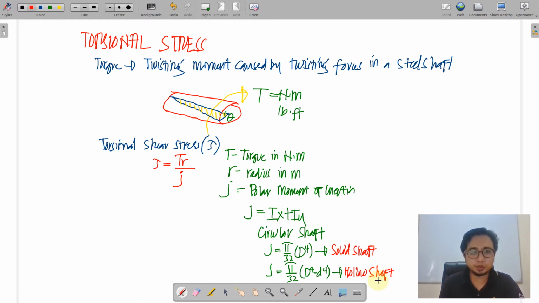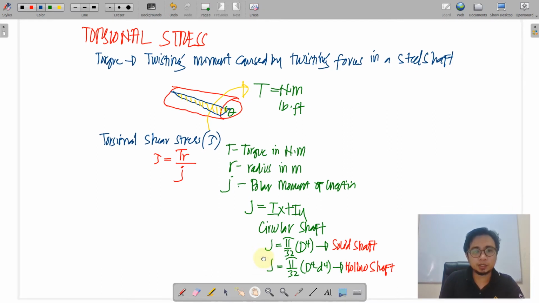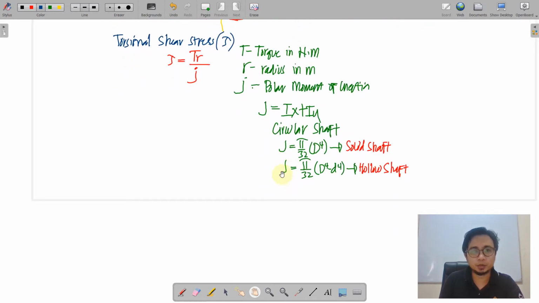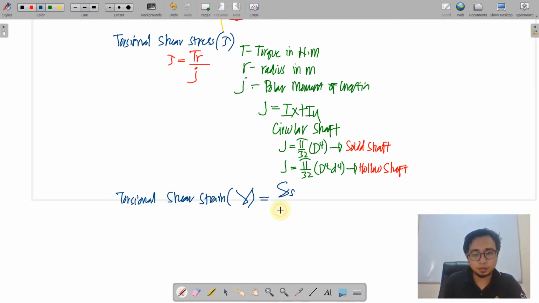So if there is a torsional shear stress, we also have a torsional shear strain. That is simply analogous to what we have discussed on axial deformation, wherein we have simple stress and simple strain. So this time, we also have torsional shear strain as well as torsional shear stress. Torsional shear strain is denoted by the uppercase gamma. Similarly, torsional shear strain is also deformation.